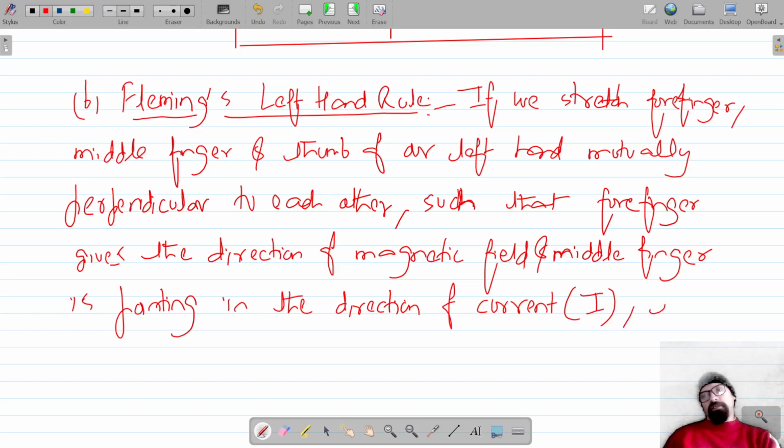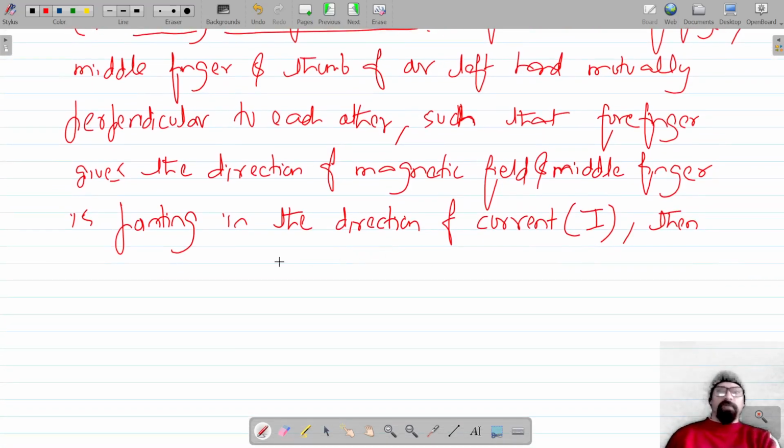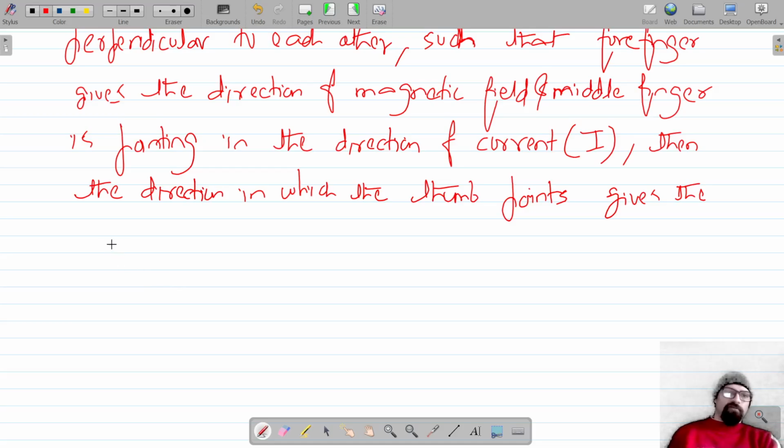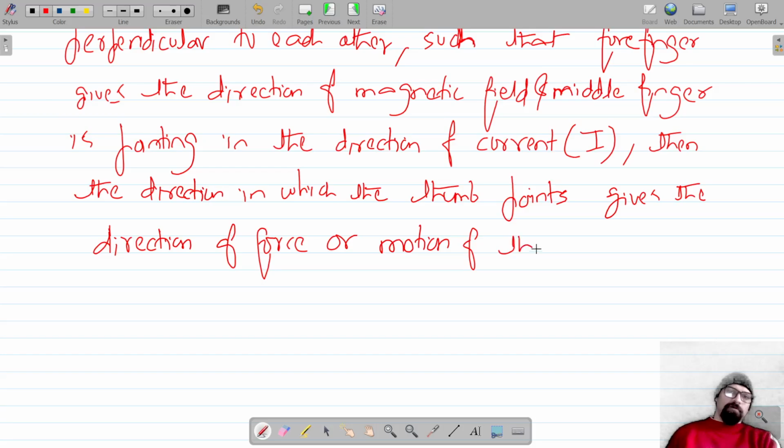Then, because your thumb, forefinger and middle finger are stretched mutually perpendicular, the direction in which the thumb points gives the direction of the force acting on the conductor, or the motion of the current carrying conductor.